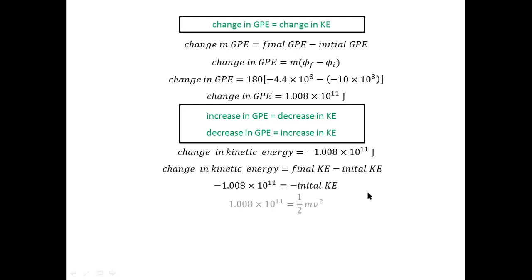So equating the two, we'll have this equation, and manipulating this equation, isolating V, and substituting 180 for the mass, we'll be able to get this value for the speed, which is around 3.3 times 10 raised to 4 meters per second.